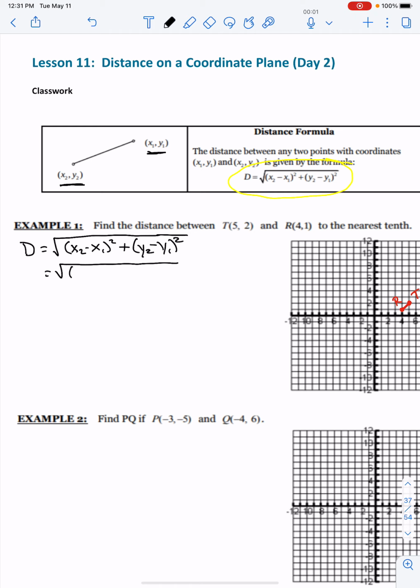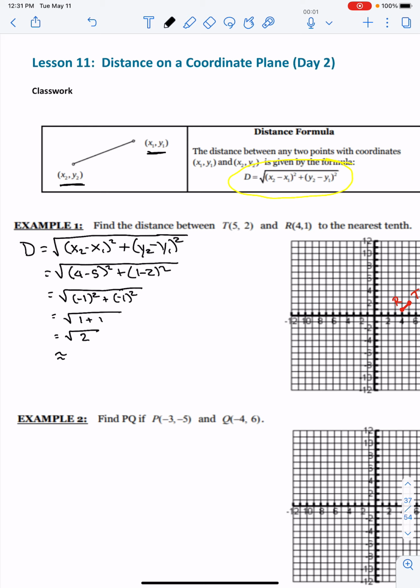Replacing, I have 4 minus 5 squared plus 1 minus 2 squared. That's going to equal negative 1 squared plus negative 1 squared. Therefore, I have 1 plus 1, so the square root of 2.